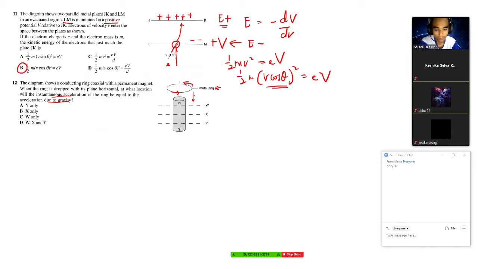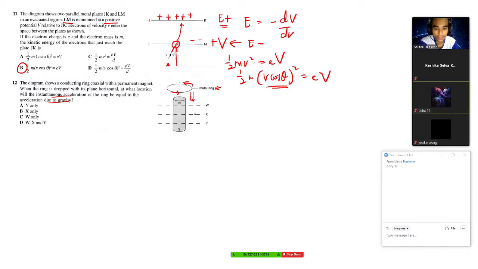So when you drop the metal ring onto the permanent magnet, the cylinder magnet, it will slow down, because Lenz's law says that it will oppose the change. So this is what happened.